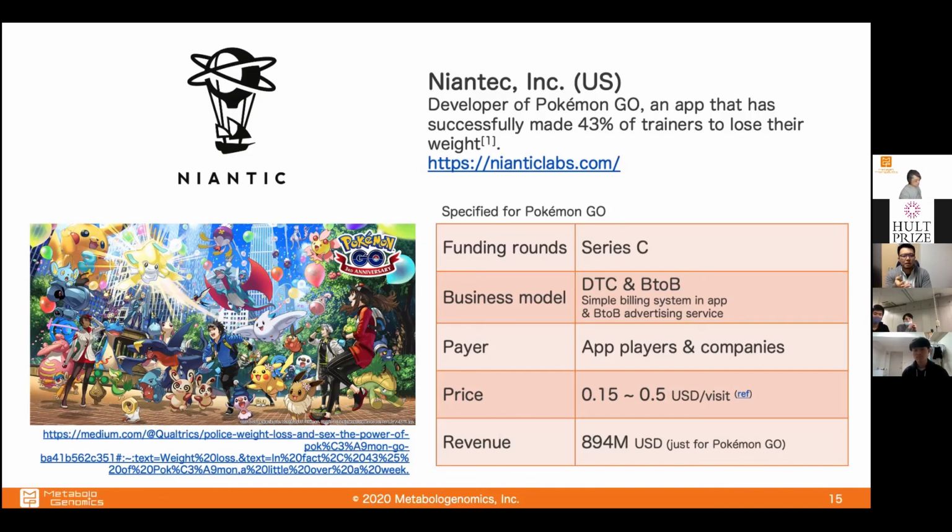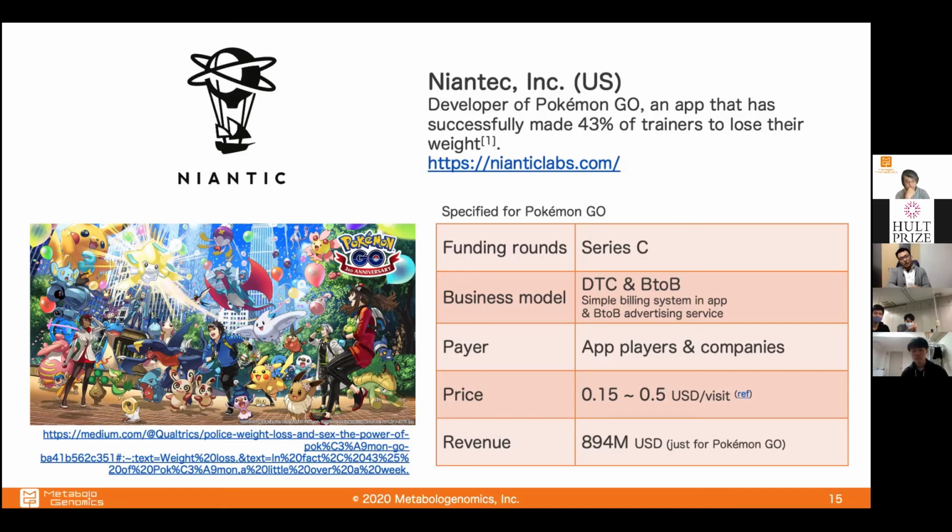So the shop or the restaurant or whatever is paying Niantic to put a Pokestop, a place for the event, at their location, to make players visit their place, not just for playing the game, but also visiting as a customer of the restaurant or shop.